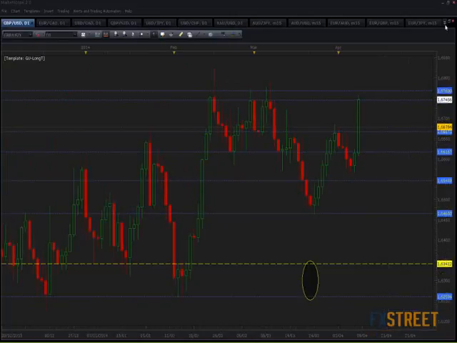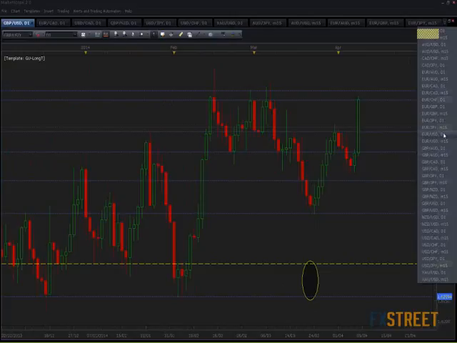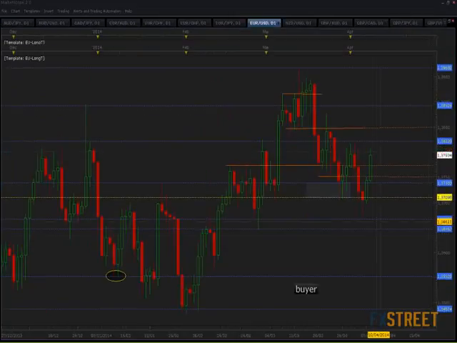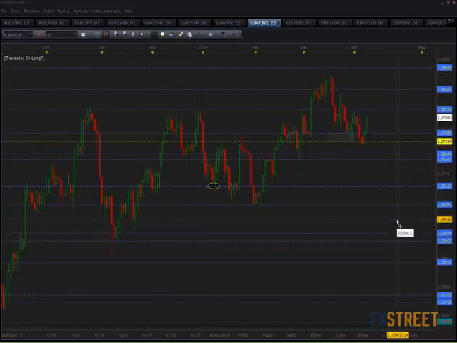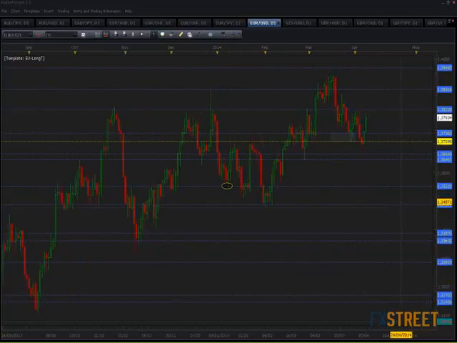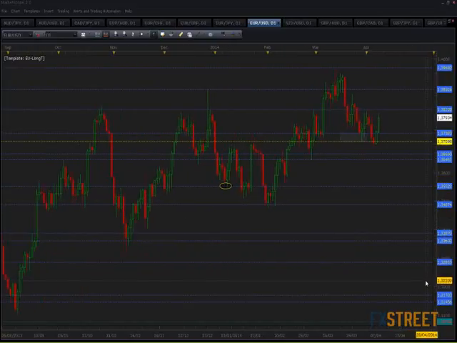Let's look at euro dollar daily. As you can see, it's a lot weaker. We are kind of breaking this downward trend line, which can give some strength to the euro.